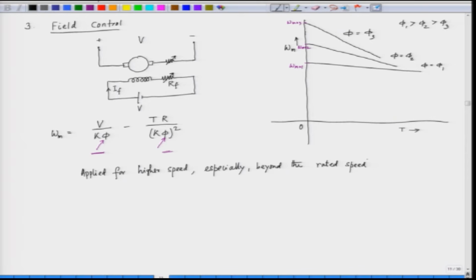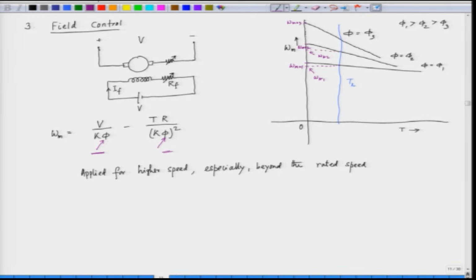And if we have a load torque profile here, this is our load torque profile, which is constant load torque, we see that by having this field control, we have field variation, speed variation. This is one speed omega m 1, and then the second speed, the intersection of the second characteristic with the load characteristic, is omega m 2.